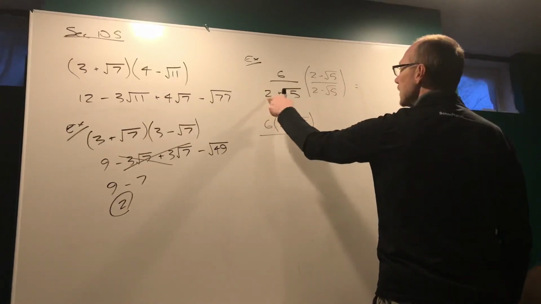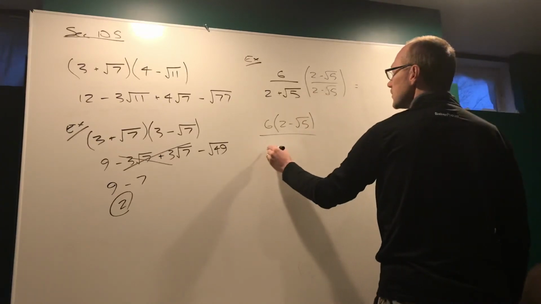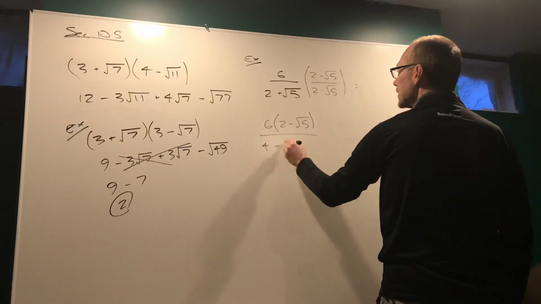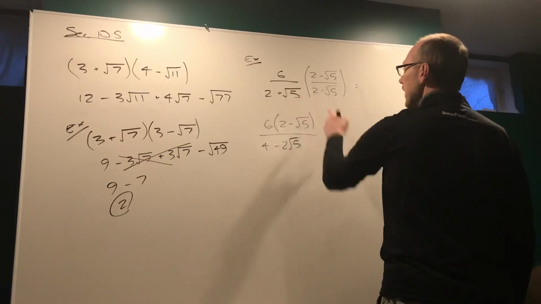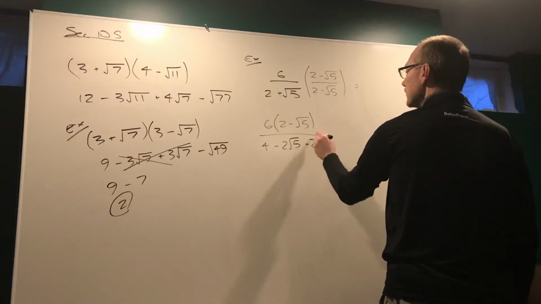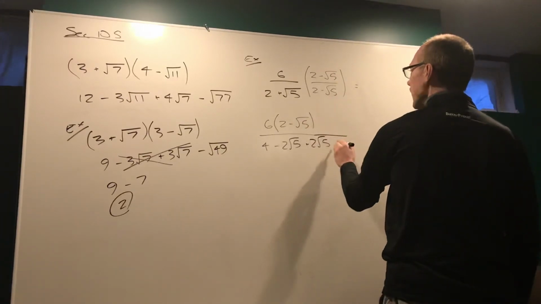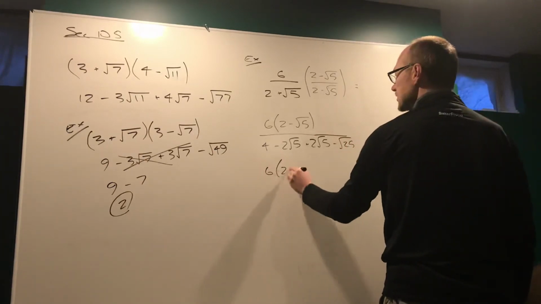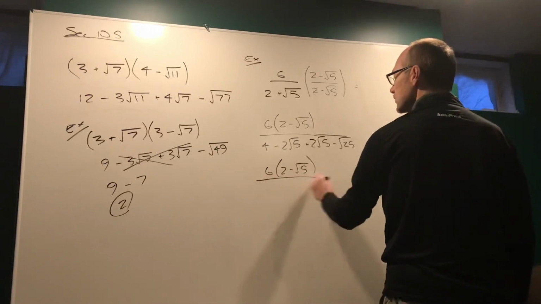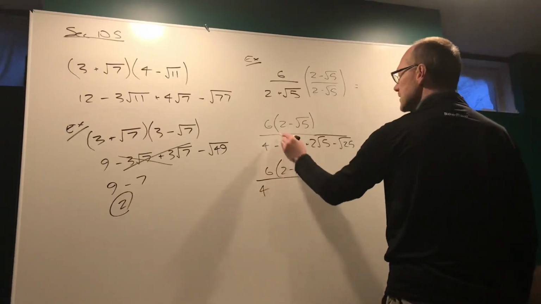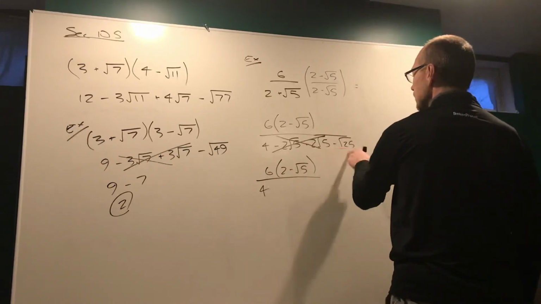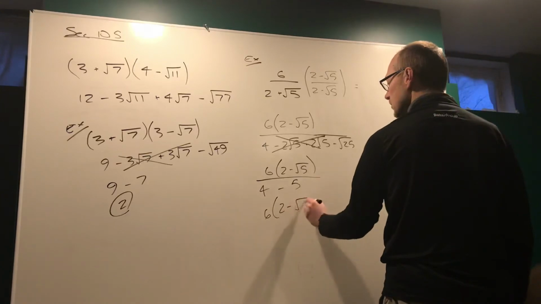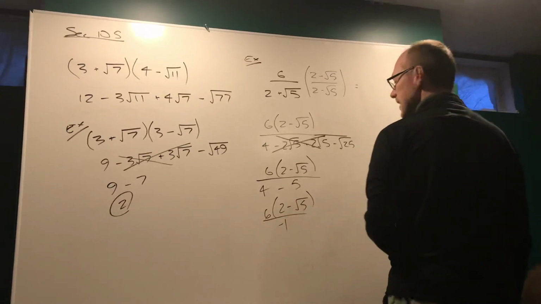In the denominator, 2 times 2 is 4. 2 times minus square root of 5 is minus 2 square roots of 5. Square root of 5 times 2 is plus 2 square roots of 5. And square root of 5 times square root of 5 is minus square root of 25. So that's 6 times 2 minus square root of 5 over 4 minus 5, since the middle terms cancel and the square root of 25 is 5. That's 6 times 2 minus square root of 5, divided by negative 1.